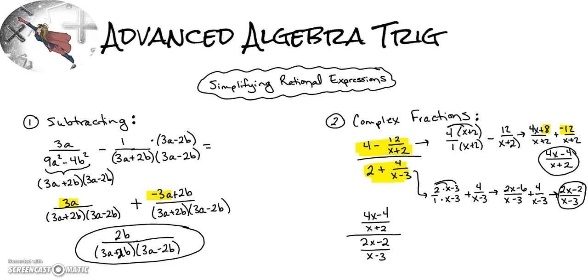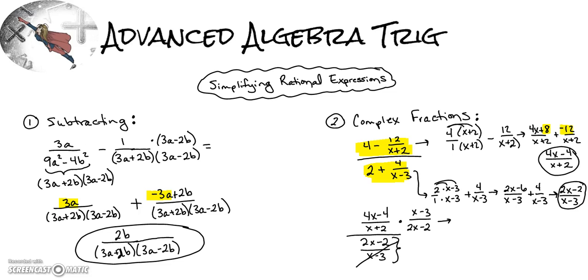The next step is to multiply by the reciprocal of this. So I'm going to say instead that I'm doing times x minus 3 over 2x minus 2, because that'll basically just cancel out that. Now, to multiply this and simplify it, I can factor anything that is factorable.